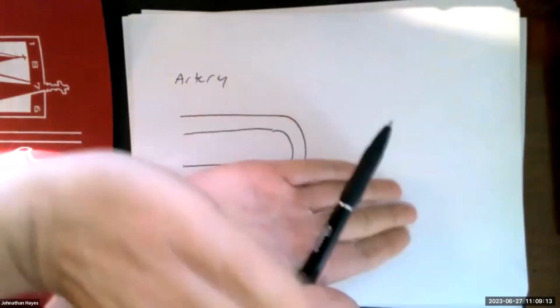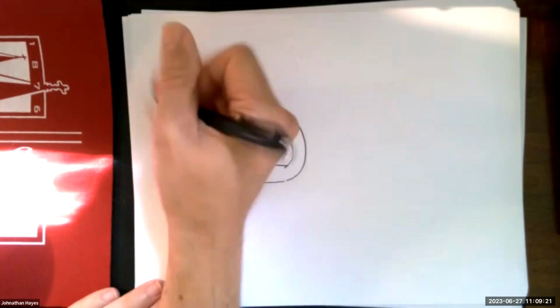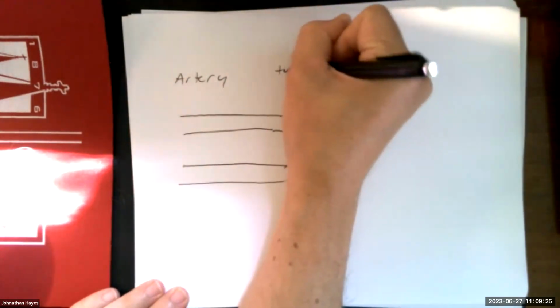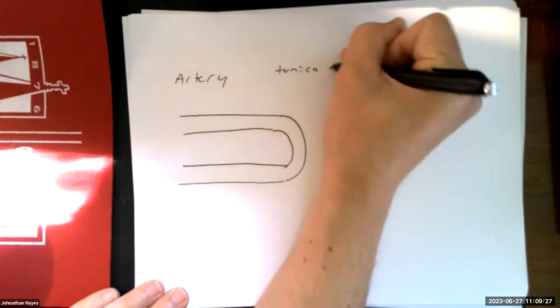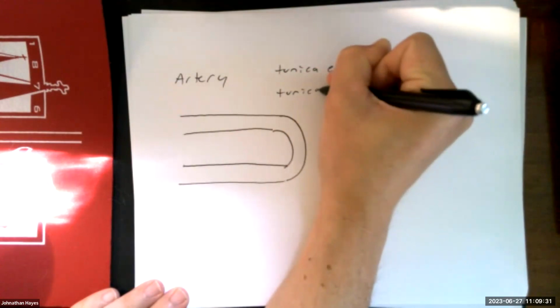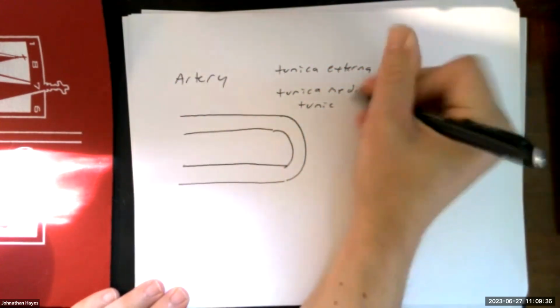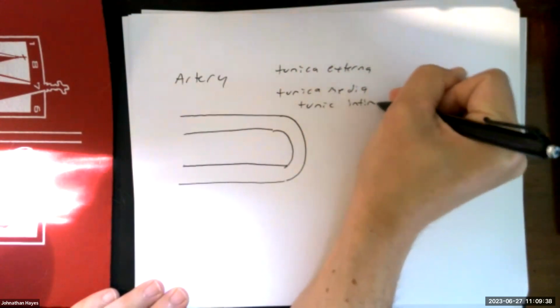Kind of opening it up, and you're also going to cut it transversely. So what we're looking at here is the formation of the 3 layers. So if you have what we call tunica externa, tunica media, and tunica intima as your 3 basic layers of both arteries and veins, what's the difference?